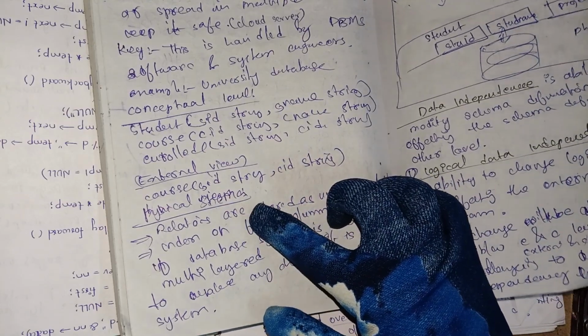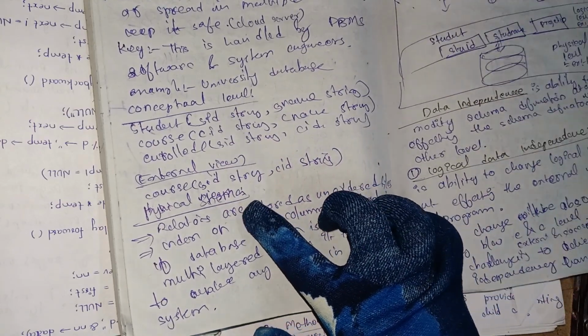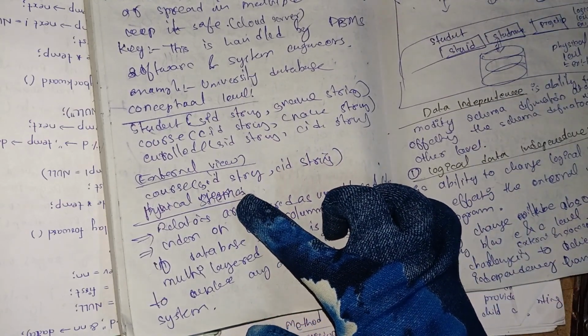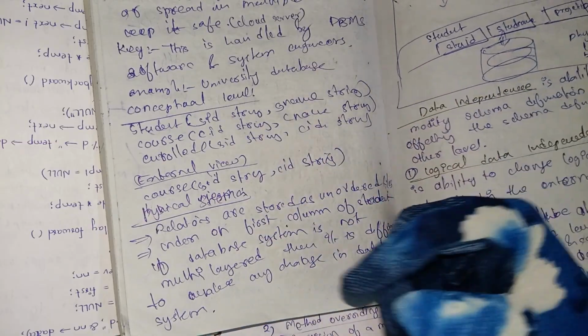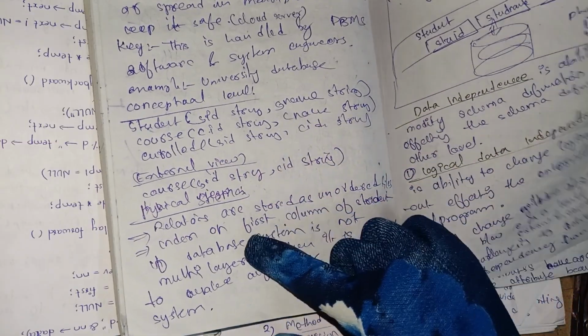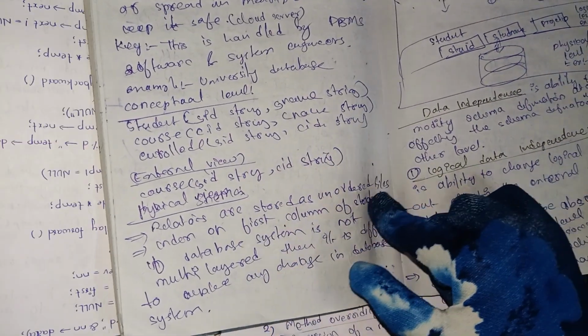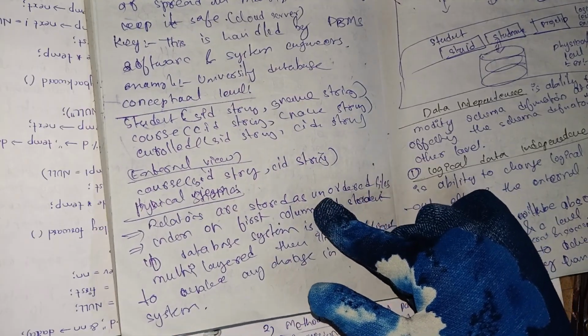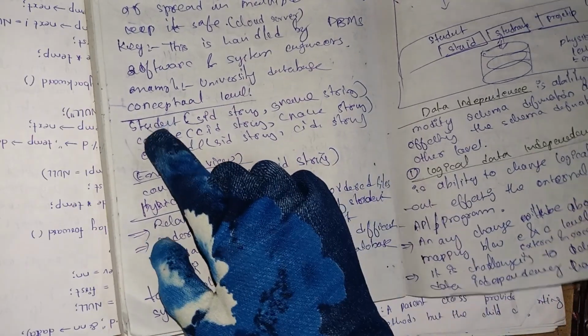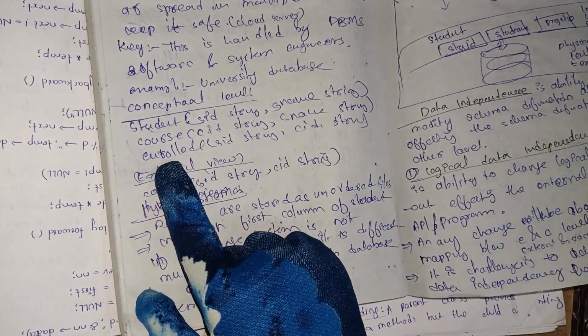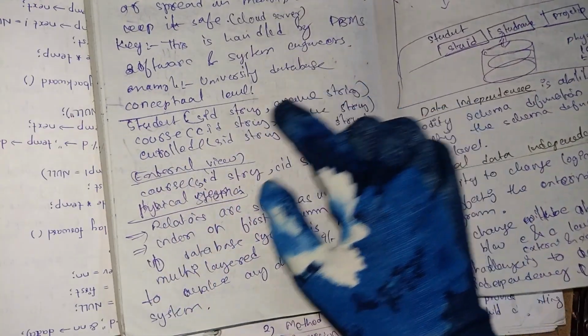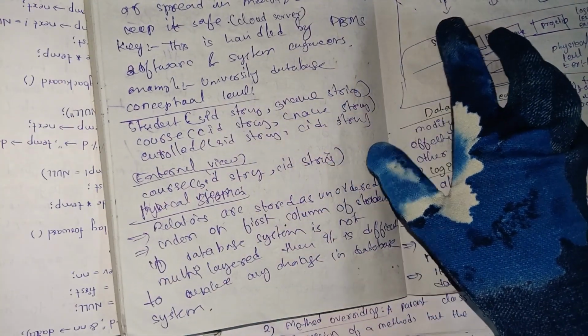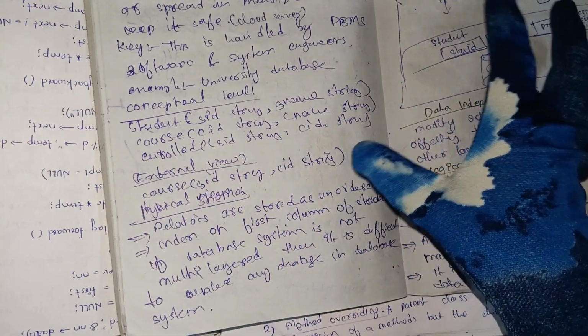And then the physical schema. The physical schema example describes how the data is stored in the physical hardware. So relations are stored as unordered files. These relations are the student, course, and enrolled tables. Tables are also called relations, we know that.